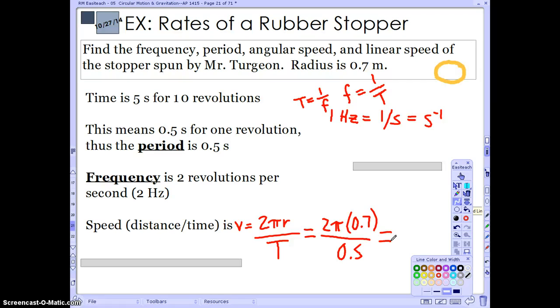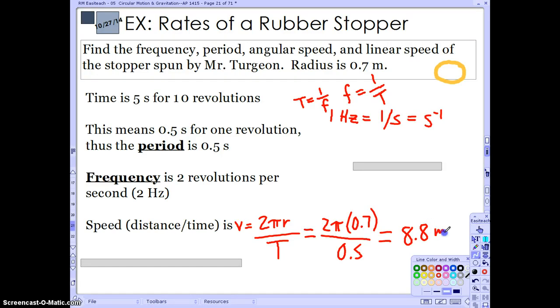I'm plugging that in my calculator. 8.8 meters per second. Notice the units are meters per second because we're getting a linear speed. Okay, so these are my answers so far.